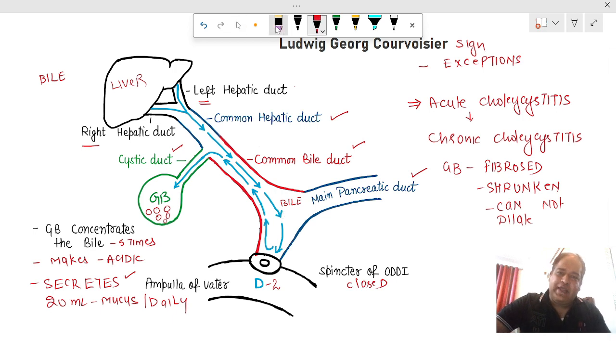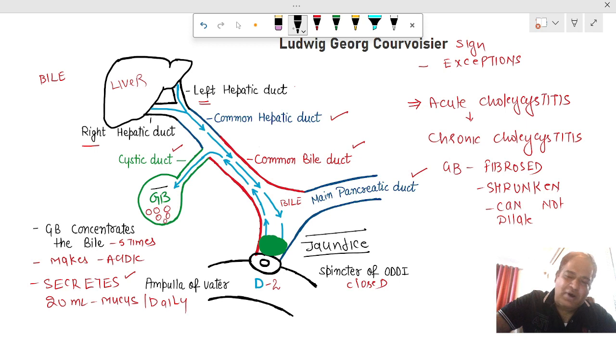Now, let's say, buddies, that one of the gallstones reaches here. Now, this gallstone will obstruct the flow of bile. So there will be jaundice. The bile will eventually go back into the gallbladder.